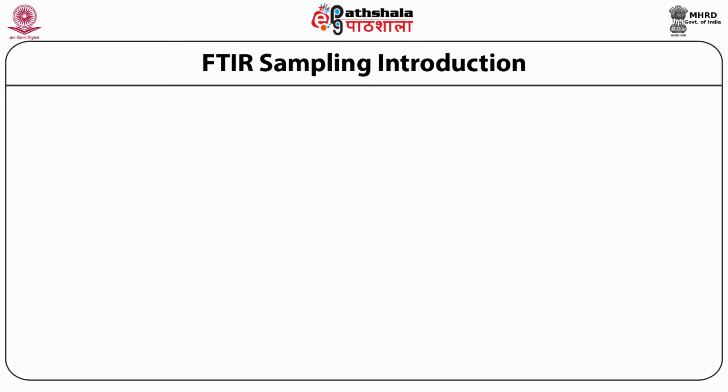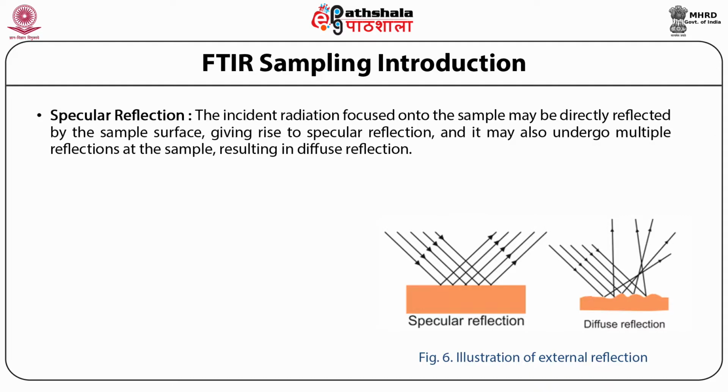Next is the specular reflection. The incident radiation focused onto the sample may be directly reflected by the sample surface, giving rise to specular reflection. And it may also undergo multiple reflections at the sample, resulting in diffuse reflection.